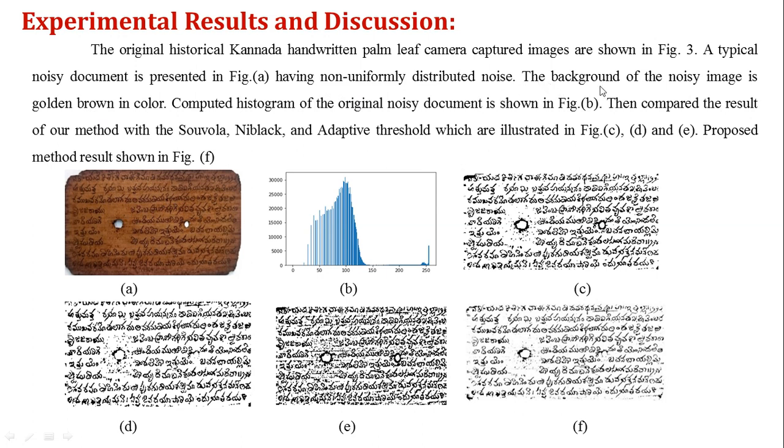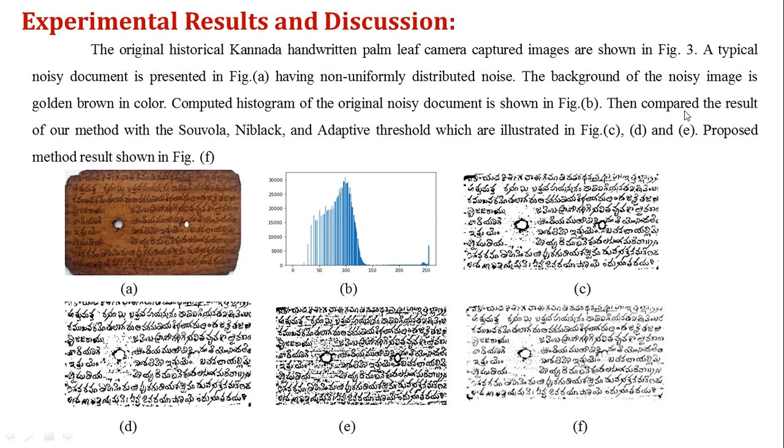The background of the noisy image is golden brown in color. The computed histogram of the original noisy document is shown in figure B, the histogram of the original palm leaf document image.